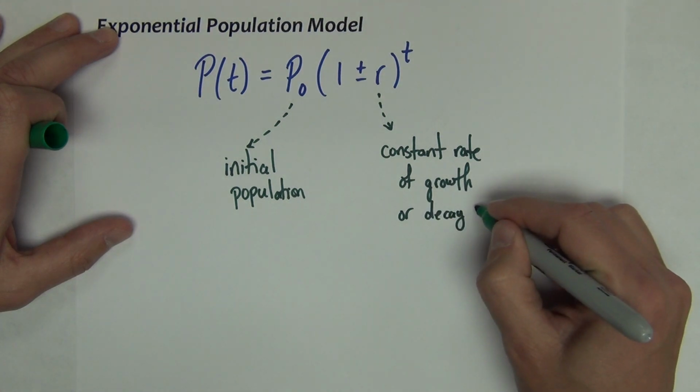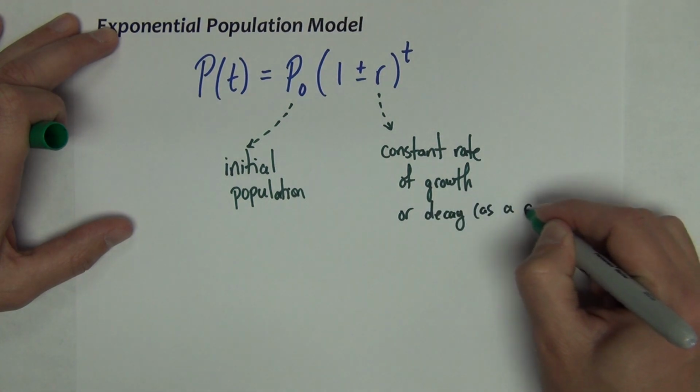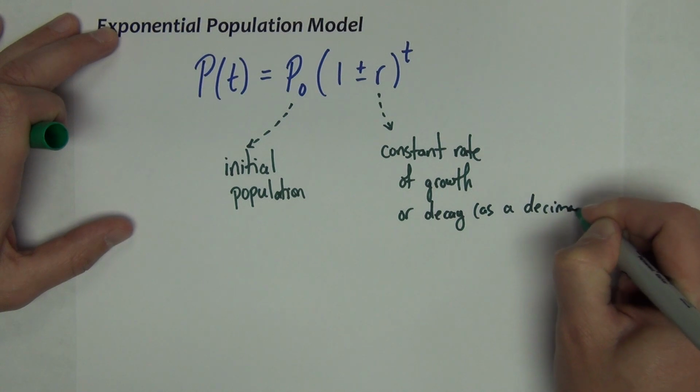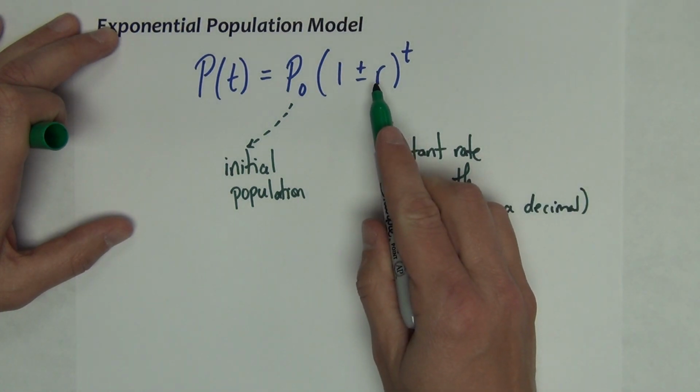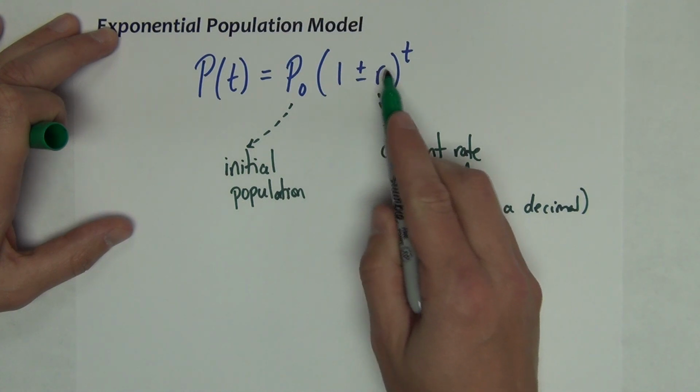I might even add here, as a decimal. So if it was 50%, you wouldn't put 50 right here, you'd put 0.5 right here.